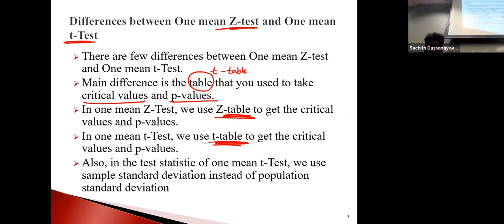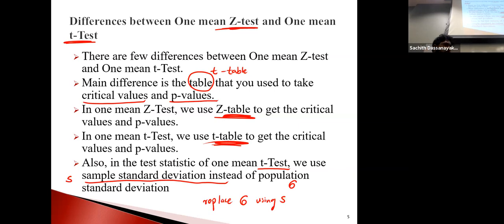Okay. Test statistic. How do we calculate? So we replace population standard deviation using sample standard deviation. Population is sigma, sample standard deviation is S. So we replace sigma using S, sample standard deviation.